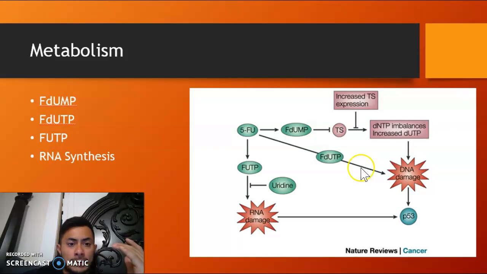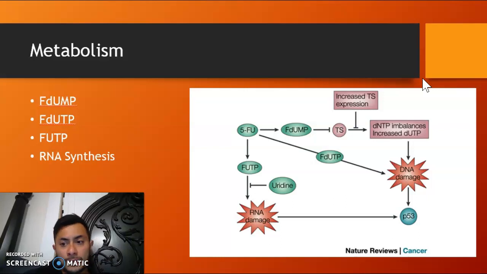So we start at the top. 5-FU is turned into 5-FUTP, and it is eventually incorporated into RNA.